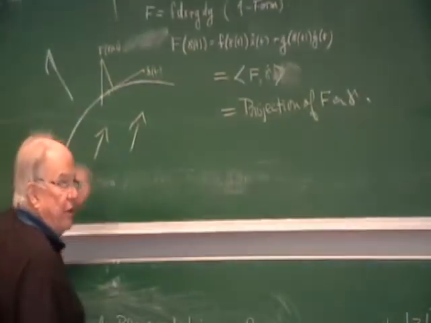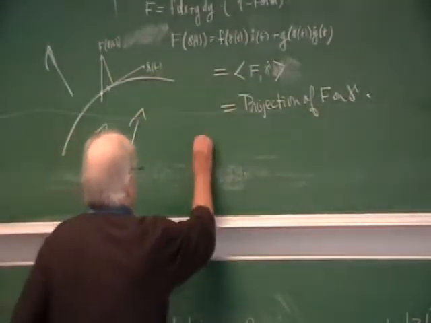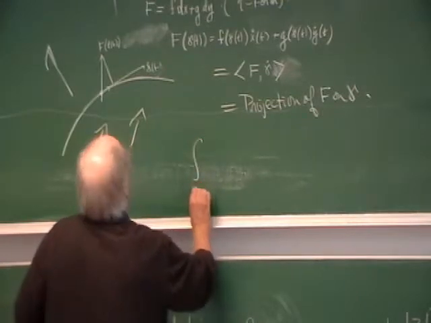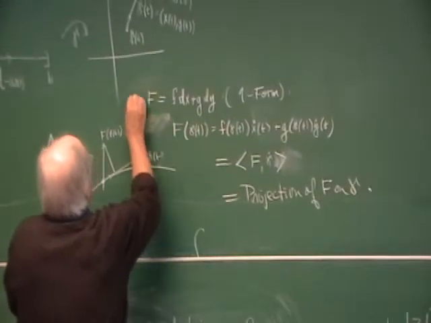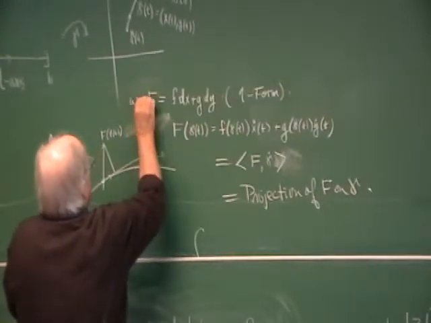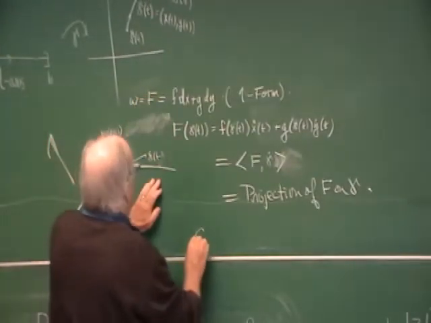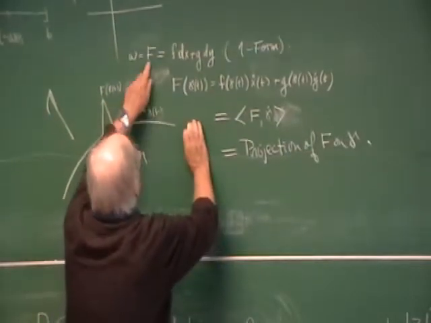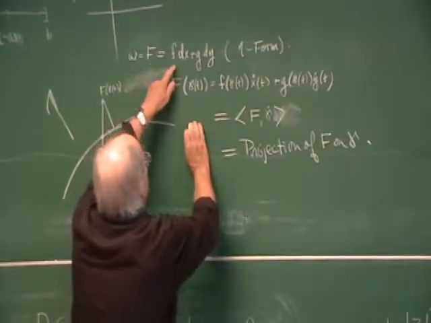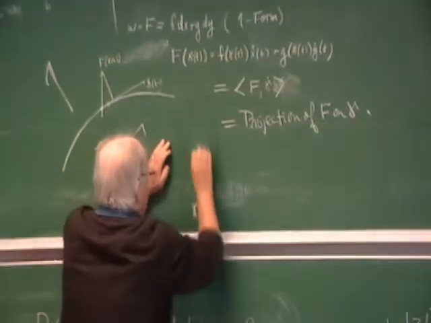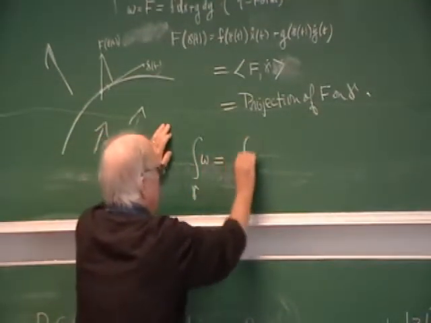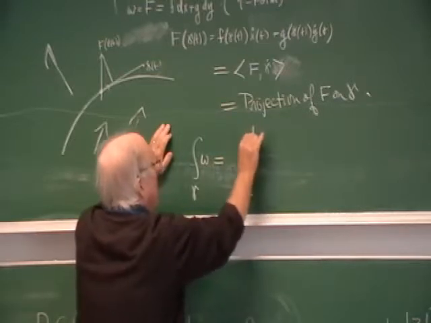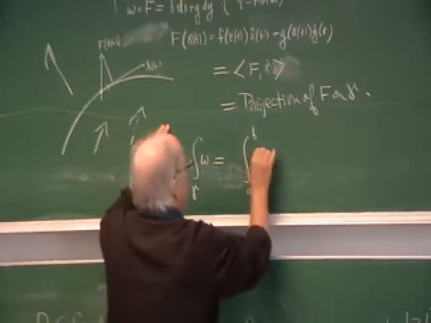And now everybody in this room understands the integral. I've written this as f, but quite often I will call it omega, a one form omega. I wrote it as f, trying to think of it as a force field. The integral over gamma of omega is simply the integral from a to b of this inner product.